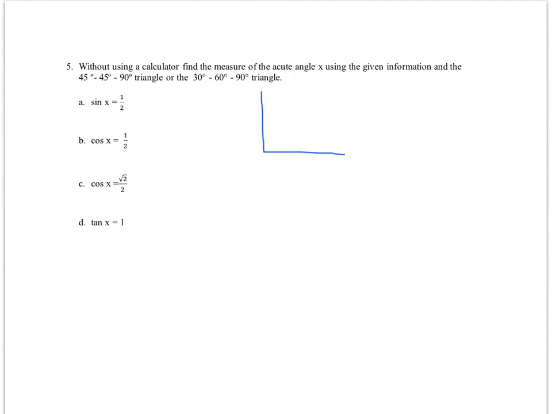Next. Okay, so number 5 is kind of a review of the 30-60-90 triangle and the 45-45-90 triangle. So here's 45-45-90. And the other one is 30-60-90.